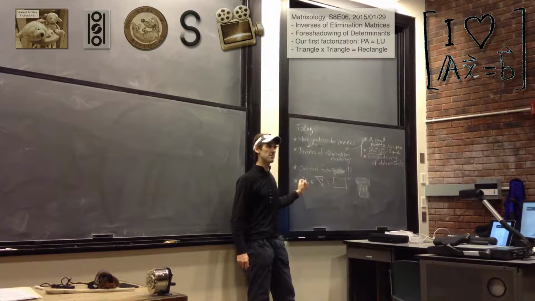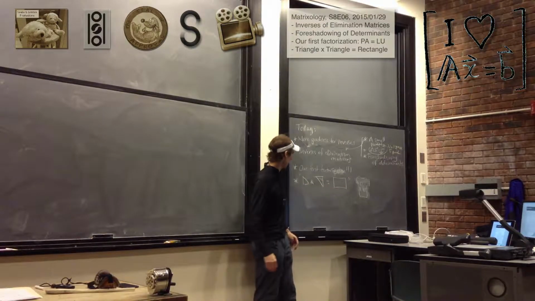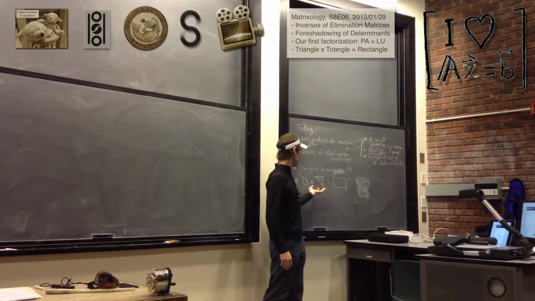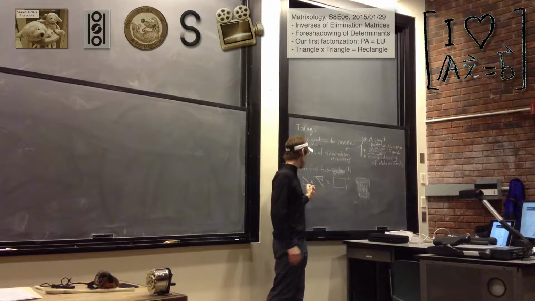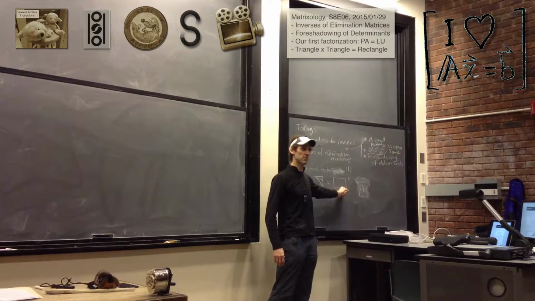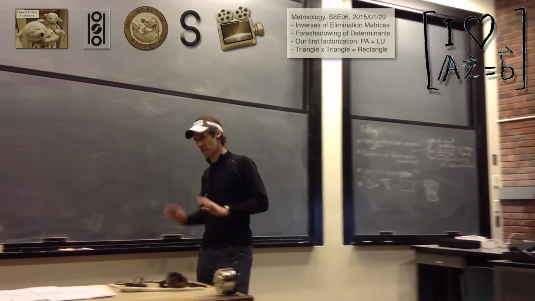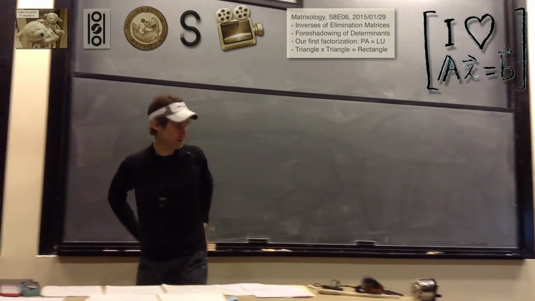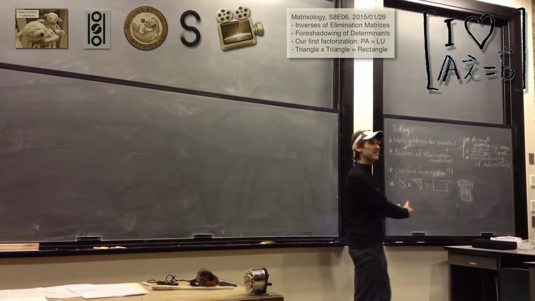This is something I said in the first lecture. One of the big deals of linear algebra turns out to be the ability to factorize matrices. Very strange thing. But it turns out triangle times a triangle equals a rectangle. So you can always do this. For some reason, we have these good words like elimination, and then we have identity.